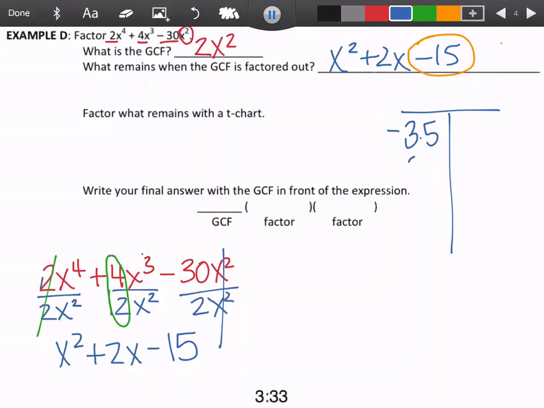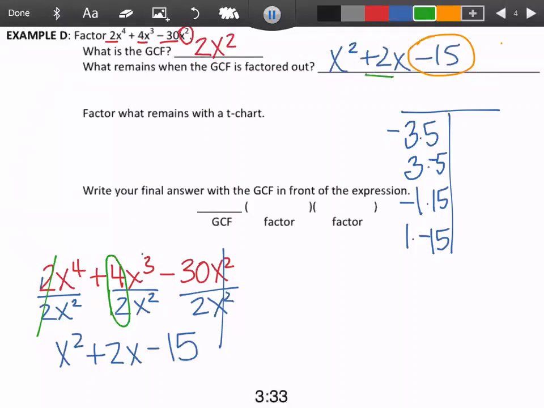But we also can switch that negative so that the 5 is negative. So 3 times negative 5. 1 times 15 also gives me 15. But to make it negative, you can make 1 negative, or you could make 15 negative. Both of those equal a negative 15.